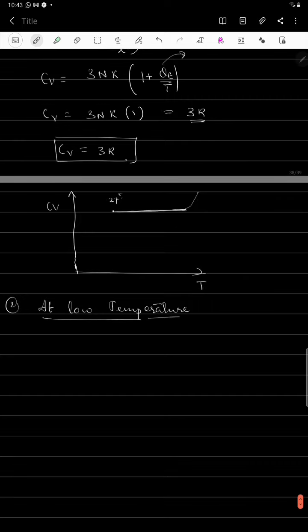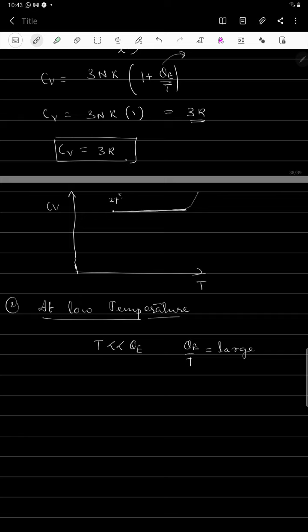So here we'll use the expression, and then at low temperature it means the temperature is much lesser than theta e. It means theta e divided by T is large.